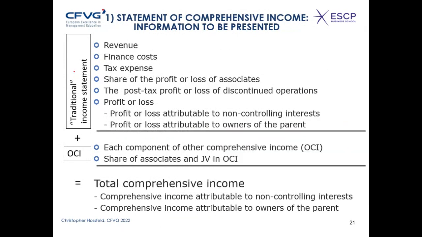So here I have the traditional profit out of the income statement with revenues and expenses, and it ends with profit or loss. Then I add OCI, which, as I said before, can be plus or minus, so gains or losses. And I end up with total comprehensive income. So that's the total profit in IFRS.